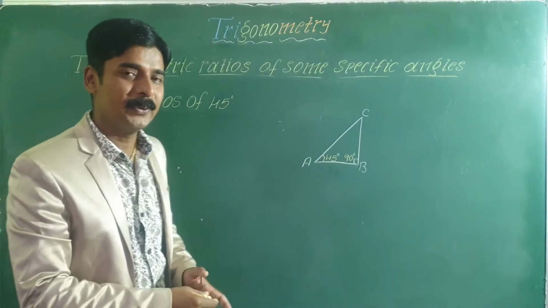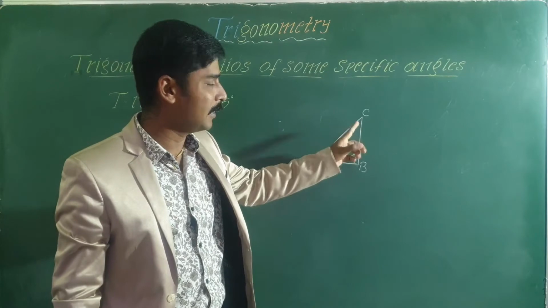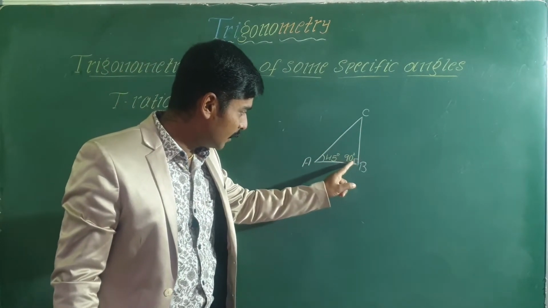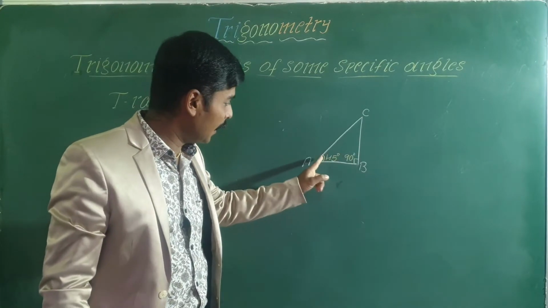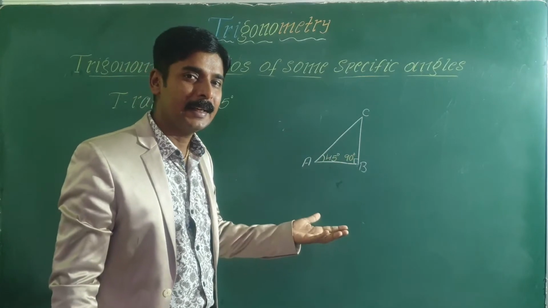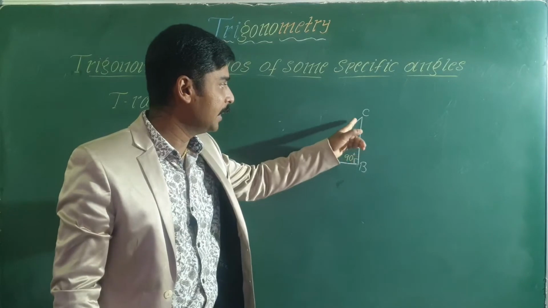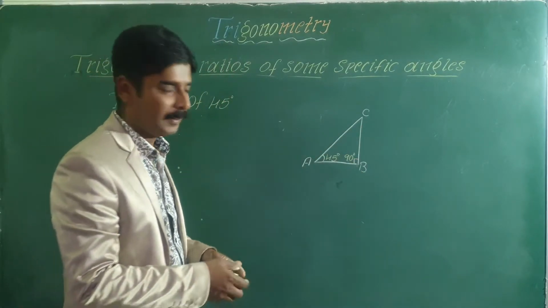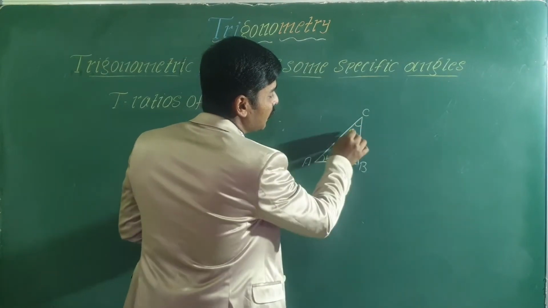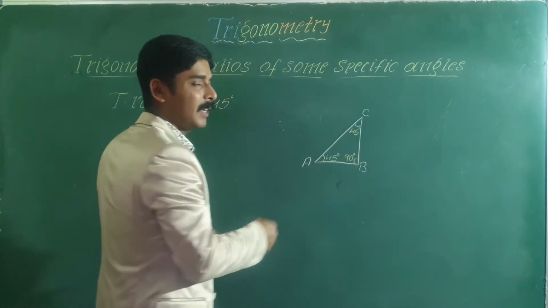Now you know in any triangle the sum of three angles is always equal to 180 degree. Here one of the angles is already equal to 90 degree. Then angle A plus angle C together must make 90 degree, right? So if angle A is 45 degree, then angle C must also be equal to 45 degree. Now you see 90 plus 45 plus 45 is 180.